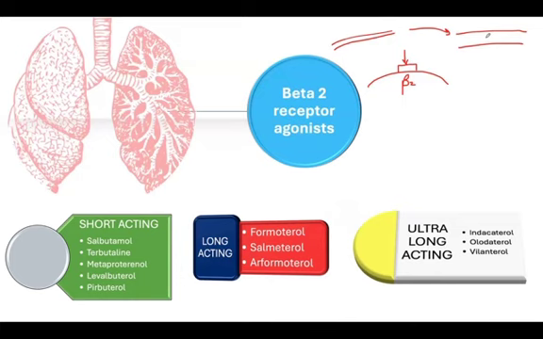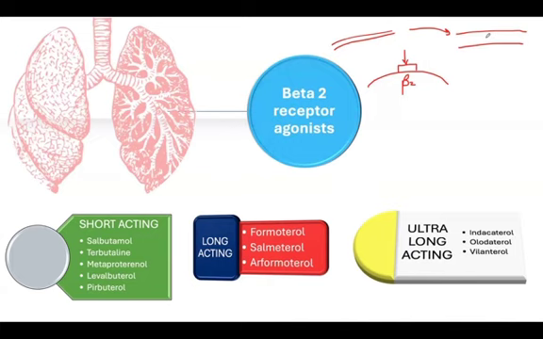Usually, the short-acting agents, we use them as and when needed. We tend to call them relievers, and they have a short duration of action. They work very rapidly, and so when the patient has an attack, is about to have an attack, or is going to engage in an activity that could easily cause an attack, they tend to use those. But the long-acting and the ultra-long-acting agents, we tend to use them at regular times.